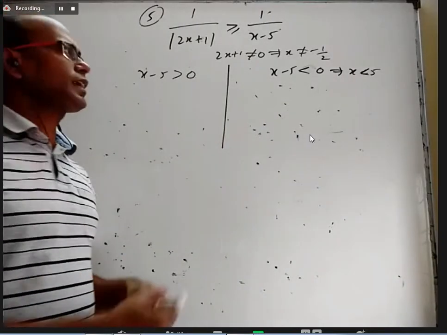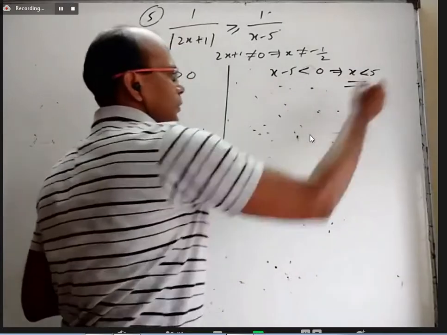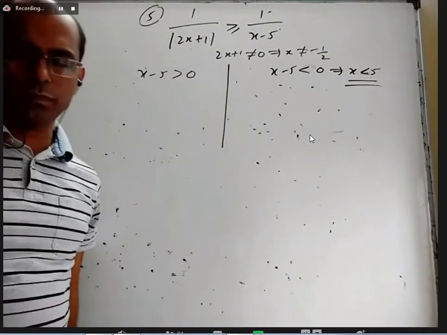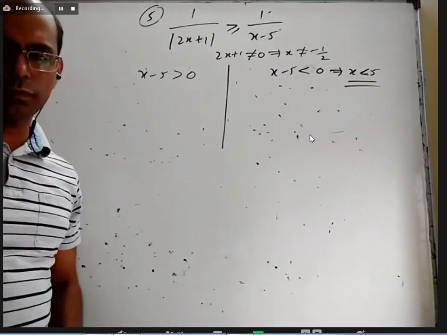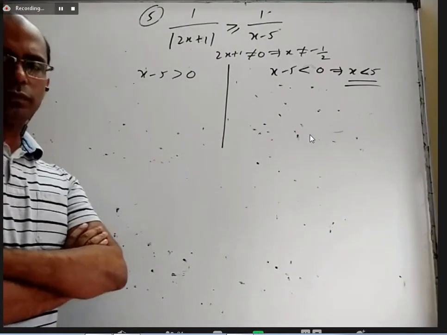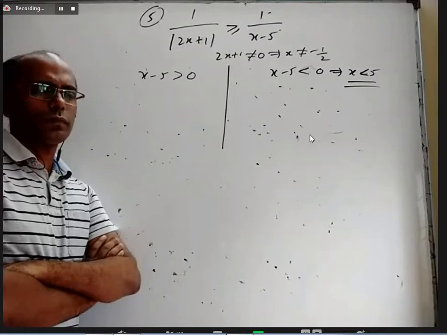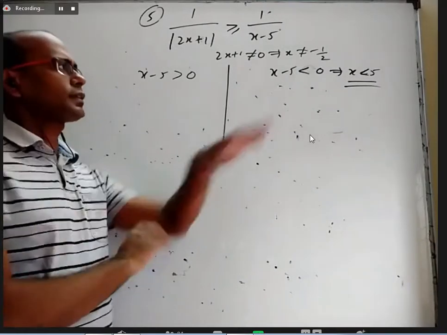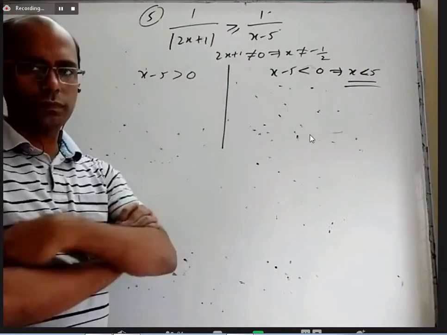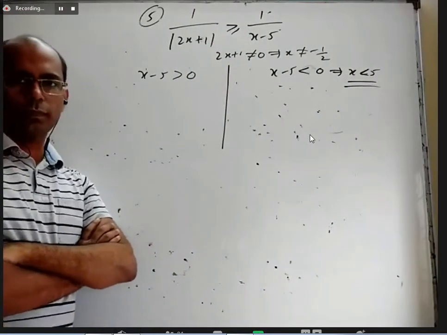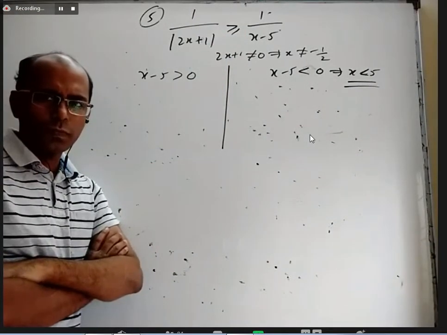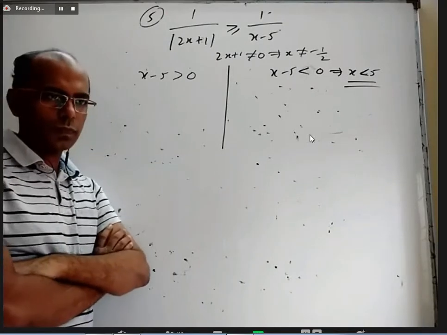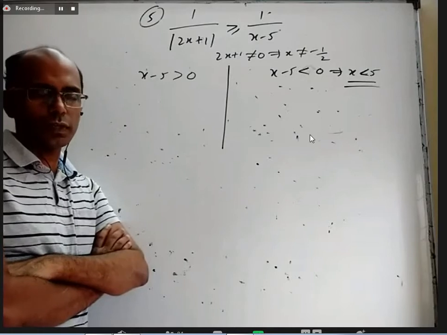Now, can somebody tell me, in this case, what will happen when x is less than 5? How to solve this inequality? Anybody want to comment? So we will just flip it. If you flip, should I change the inequality or not?